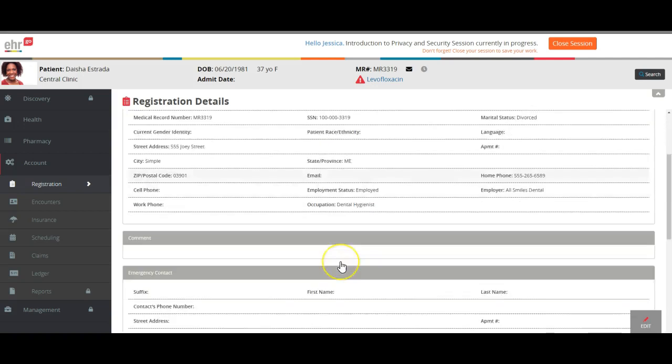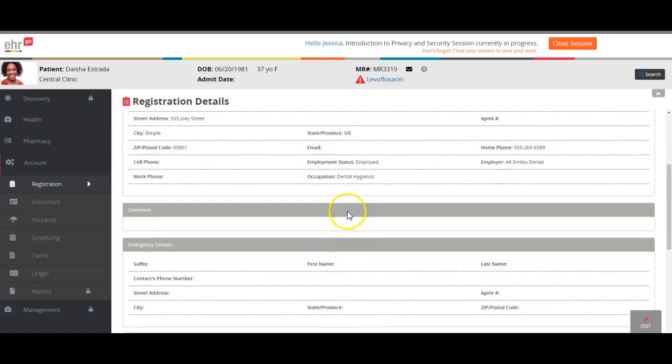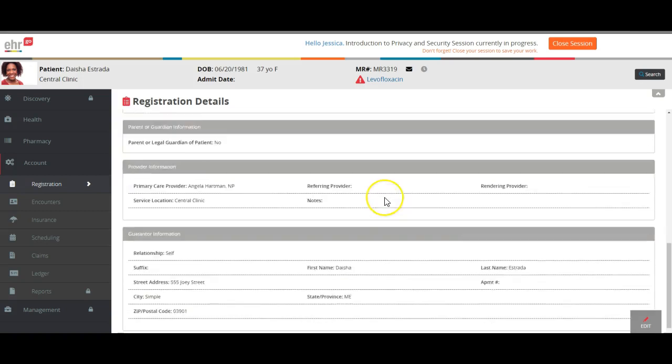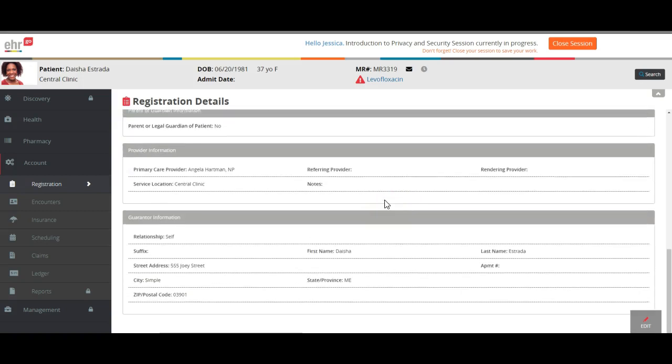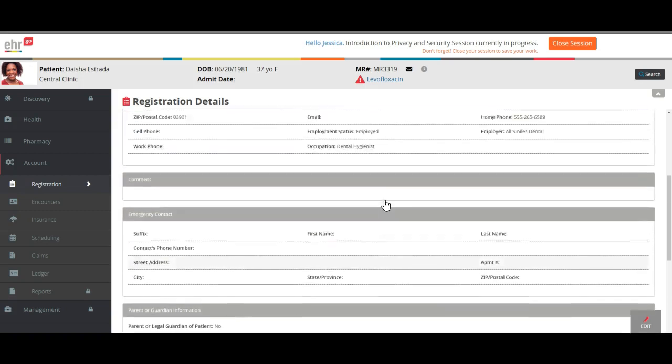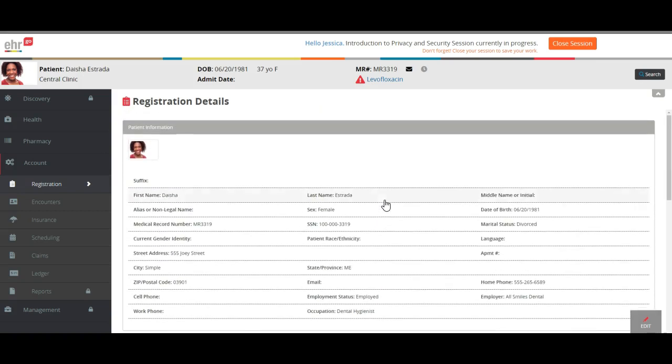I want to see if she's married. So she's a dental hygienist. She has no emergency contact listed. And doesn't look like she's married or anything. So, she's divorced. Okay, so here's the thing.